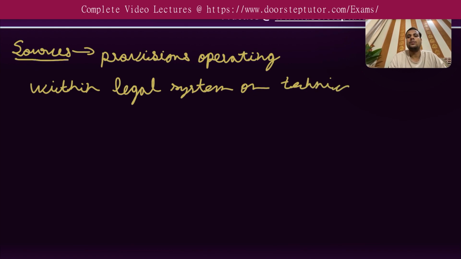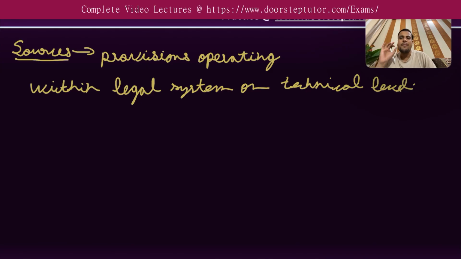So, when we want to understand what the sources of international law are, what we really look at are the provisions through which our international legal system is working. Okay, so we are looking at these provisions not at any other level but at the technical level. So we are going into the technicalities of this.